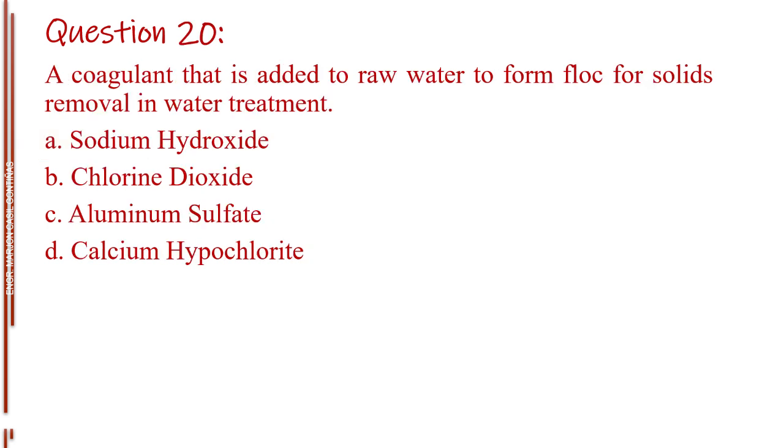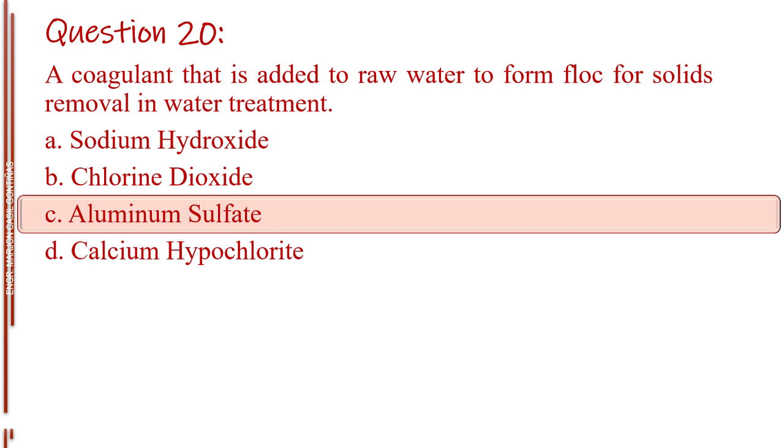Question number 20. A coagulant that is added to raw water to form floc for solids removal and water treatment. Letter A, sodium hydroxide. Letter B, chlorine dioxide. Letter C, aluminum sulfate. Letter D, calcium hypochlorite. The answer is letter C, aluminum sulfate.